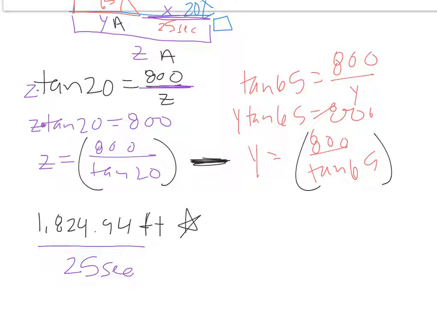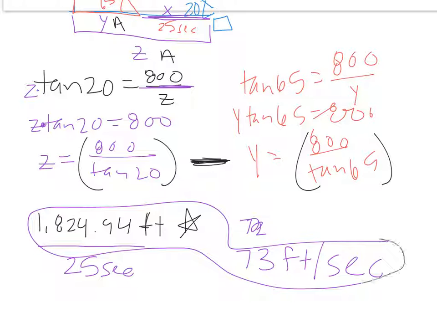So you take that and divide by 25. So I traveled 1,824.94 feet at 72, actually we're going to just round that to 73 feet per second. So these would be my two answers for this word problem. Again, these problems are not usually that difficult. It's the algebra within them that can be the most difficult.